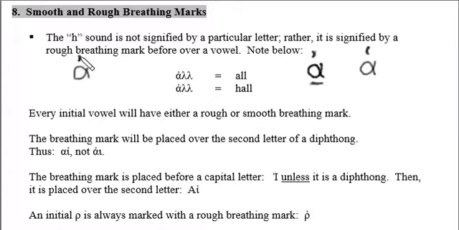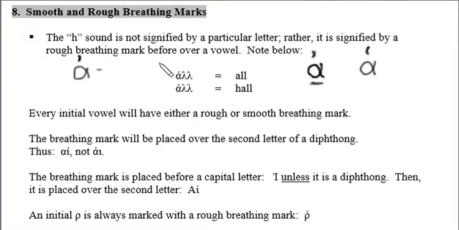The apostrophe is the smooth, but the reverse apostrophe, if you see the apostrophe backwards, that is the rough breathing mark. Smooth breathing mark circled here, rough breathing mark. Why? Because it's not an H apostrophe. You might want to call that the H apostrophe if you really want to, but that's just the rough breathing mark.